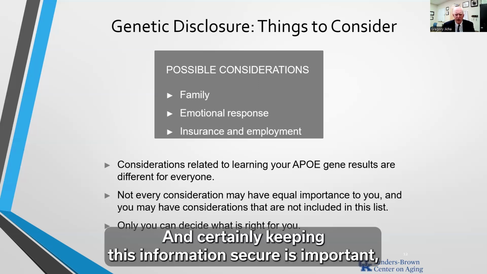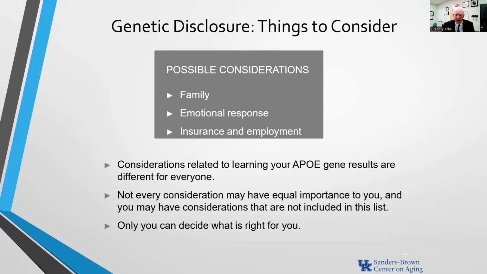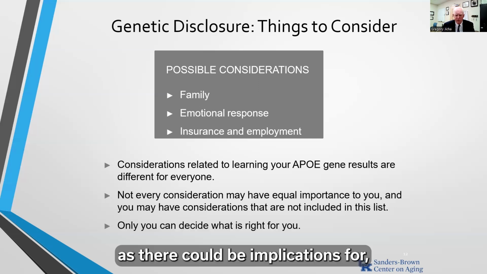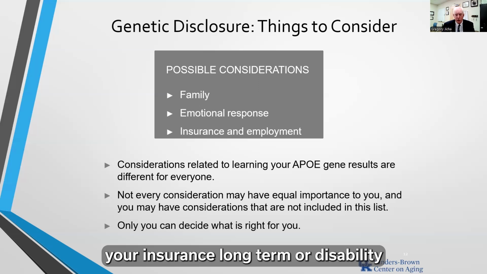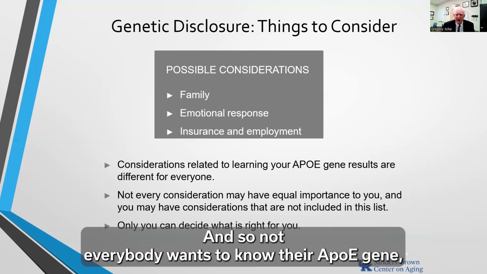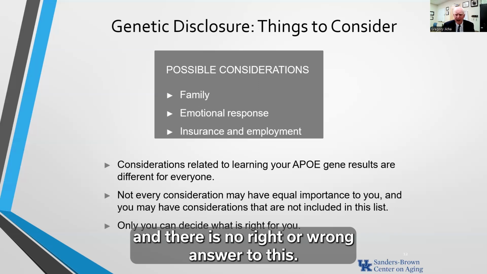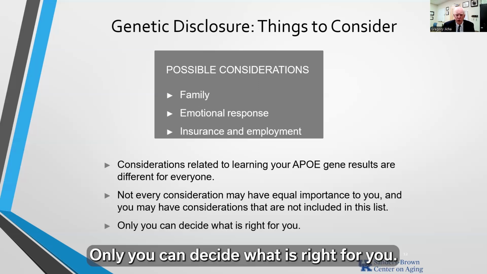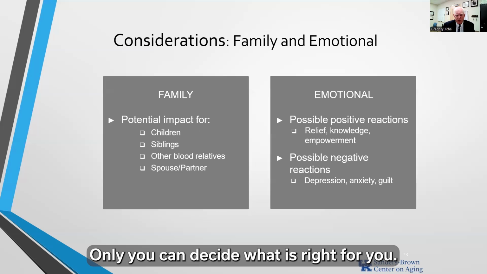And certainly, keeping this information secure is important, as there could be implications for your insurance, long-term or disability insurance, as well as your employment. And so not everybody wants to know their ApoE gene, and there is no right or wrong answer to this. Only you can decide what is right for you.